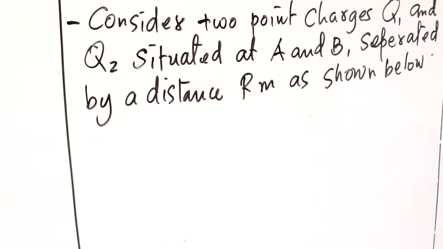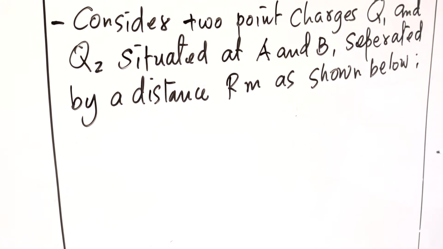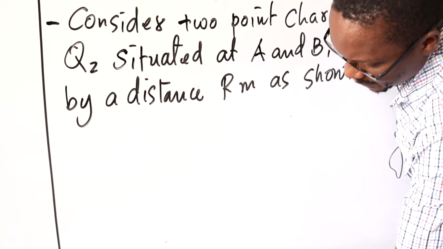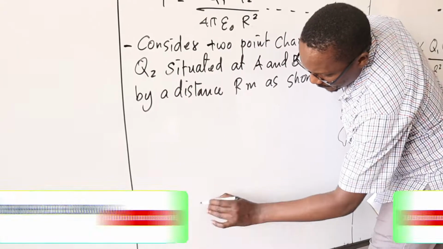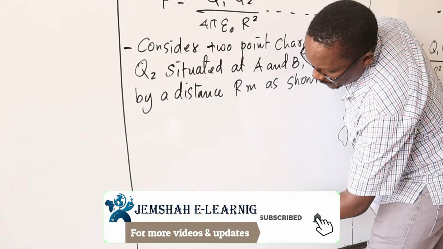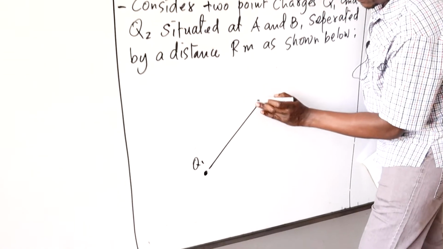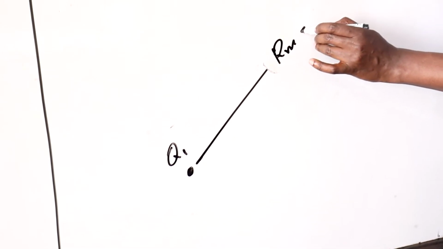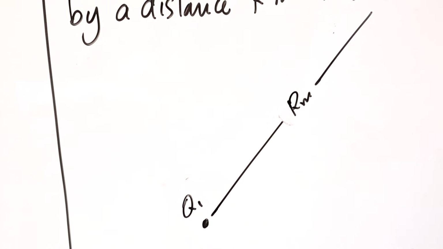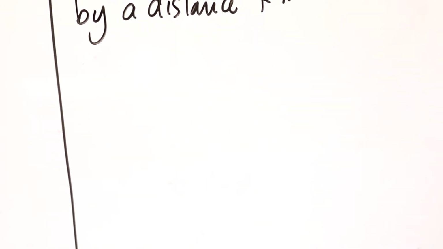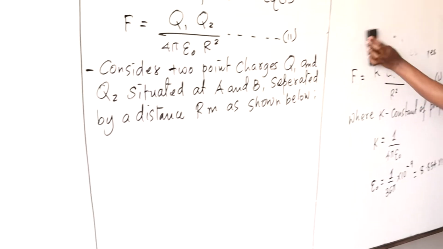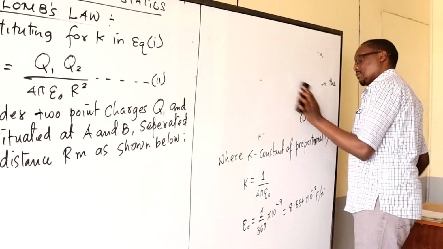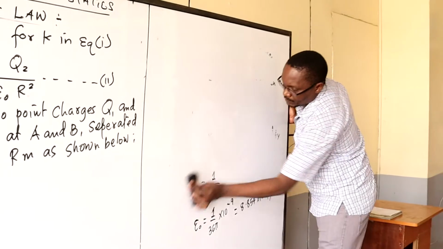So maybe we have our point charge, and we call that Q1. Say that is R. Just a minute, the space is now proving to be so small. Let me draw it on this other end.